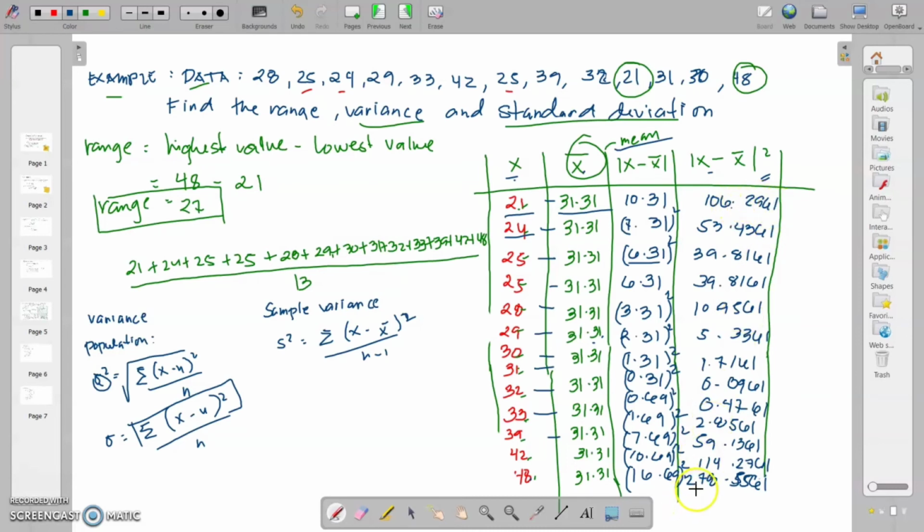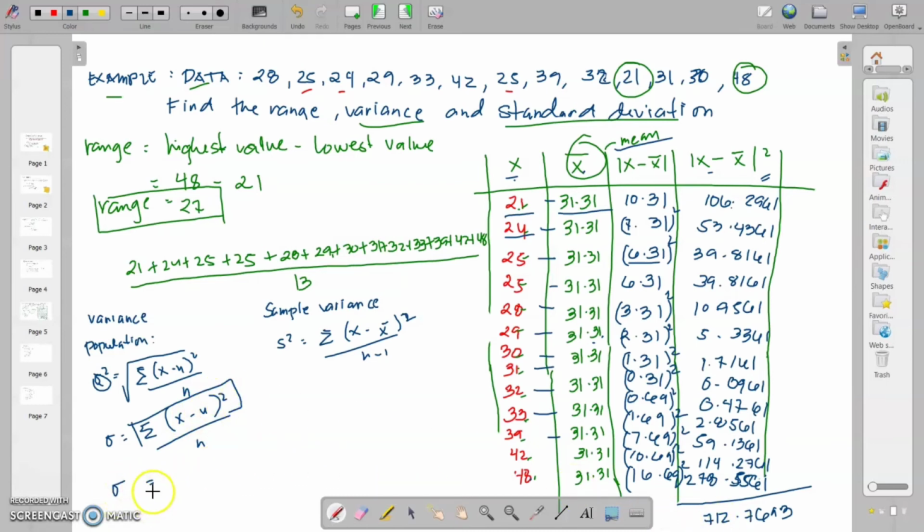106.2961 to 278.5561. So, using calculator, na-add ko na siya. Equals to 712.7693. So, that is the summation of quantity x minus x bar squared. So, this is the answer.